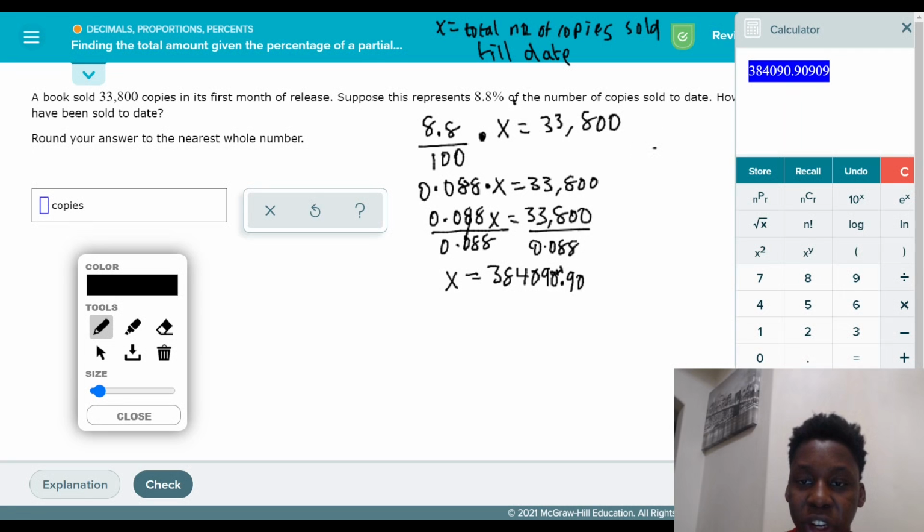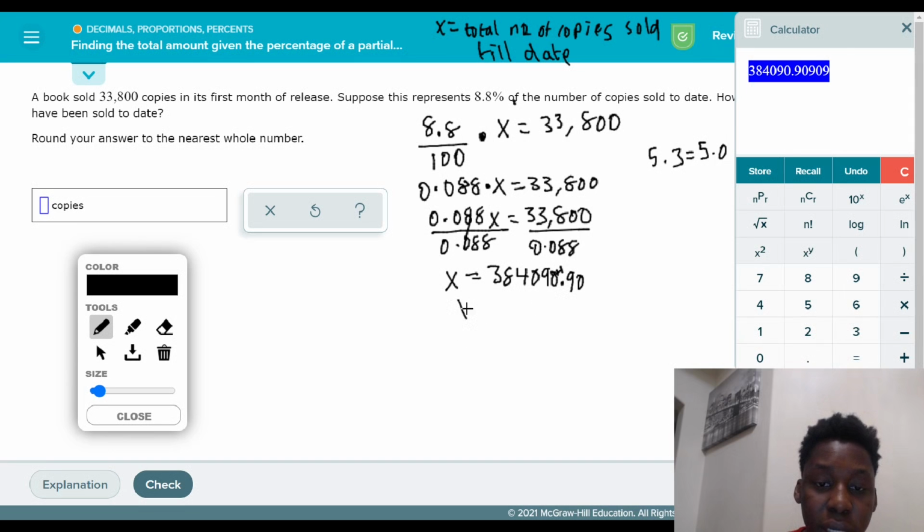Let's say we have 5.3. 3 is smaller than 5, so we can't add 1 here. We just leave it as it is and say 5.0, removing 3 and replacing it with 0. It's the same thing here, but in this case 9 is greater than 5, so we replace 90 with 0 and add 1 to the number before the point.